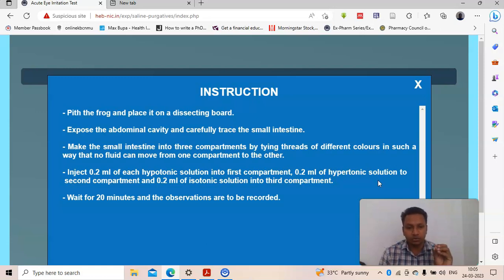So we have to inject different solutions which have different osmotic pressure into the 3 compartments of the intestine, and after injecting these solutions we have to wait for 20 minutes and the observations are to be recorded after 20 minutes.